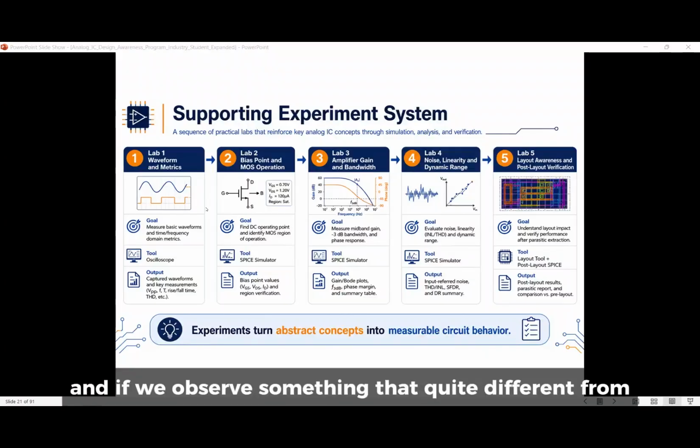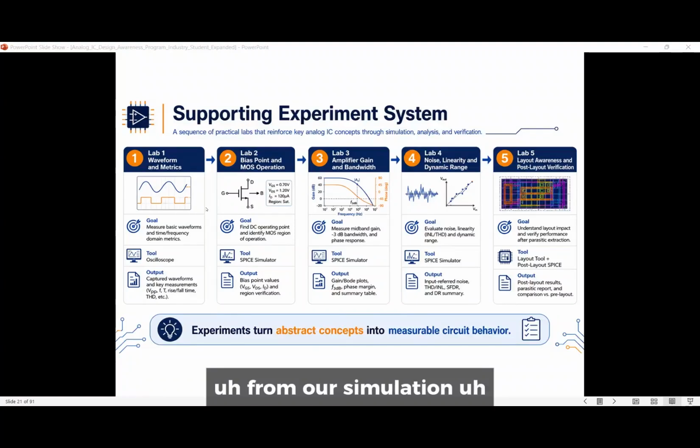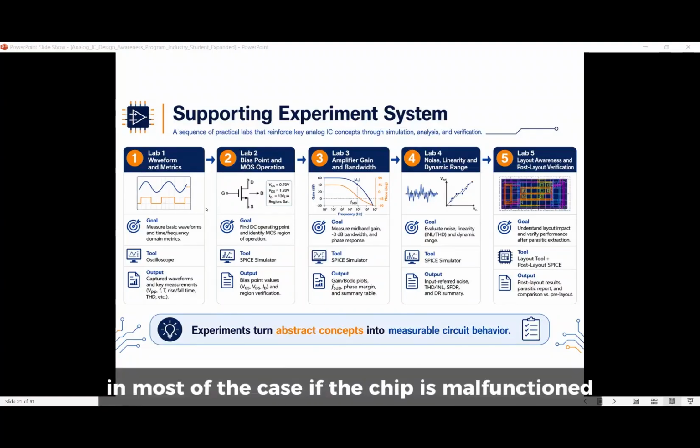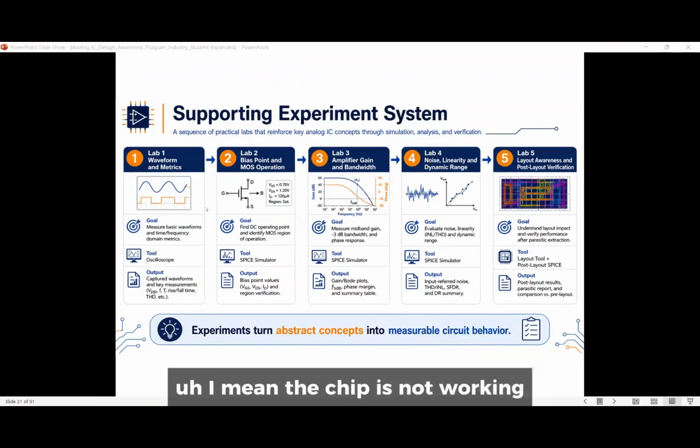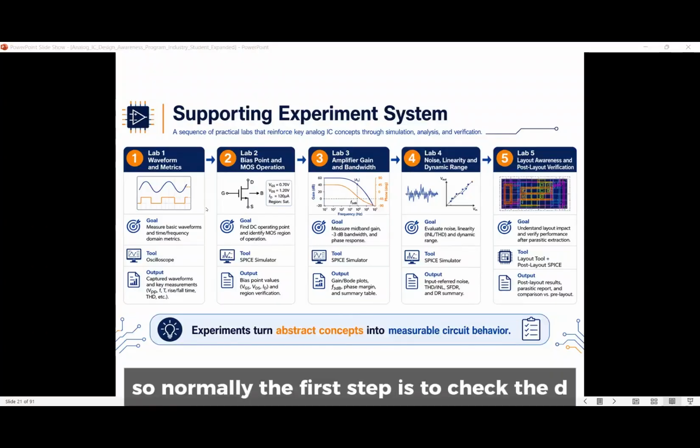And if we observe something quite different from our simulation, for example, in most cases, if the chip is malfunctioning, I mean the chip is not working, normally the first step is to check whether the DC bias point of your chip is correct or not.